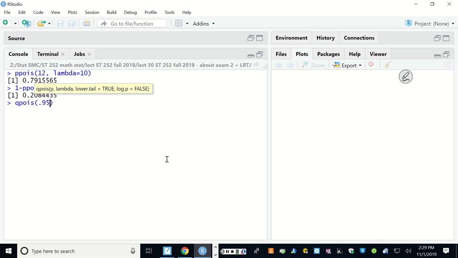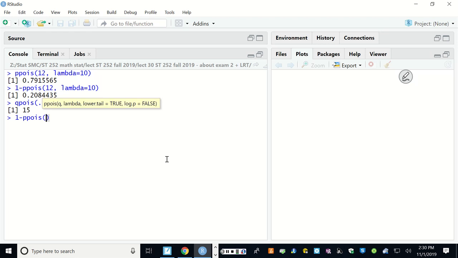So the 0.95, 95th percentile, if we're above that, we can reject. And lambda is a value of 10, and it says 15. So what does that mean? Exactly, 1 minus the Poisson, if we reject, the chance that we're at 15 or above when lambda equals 10 is 0.048.